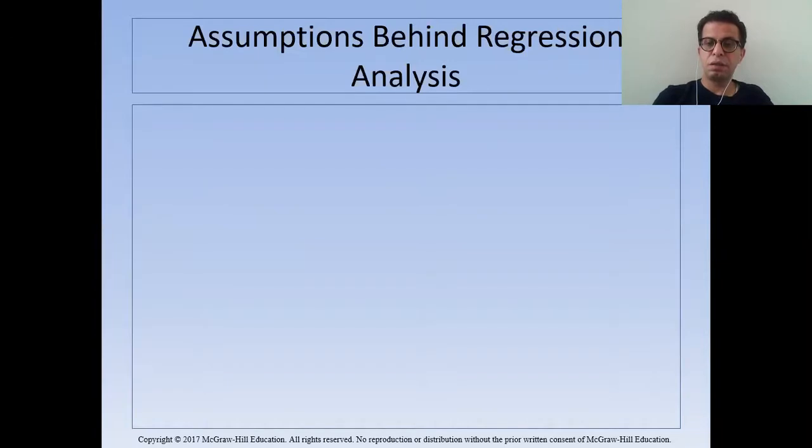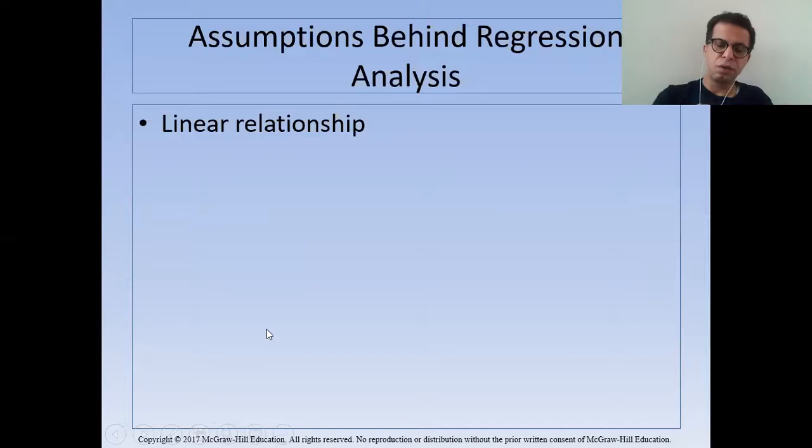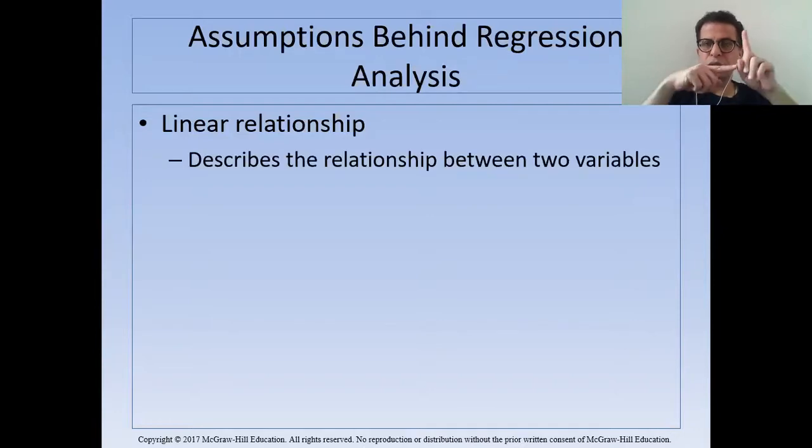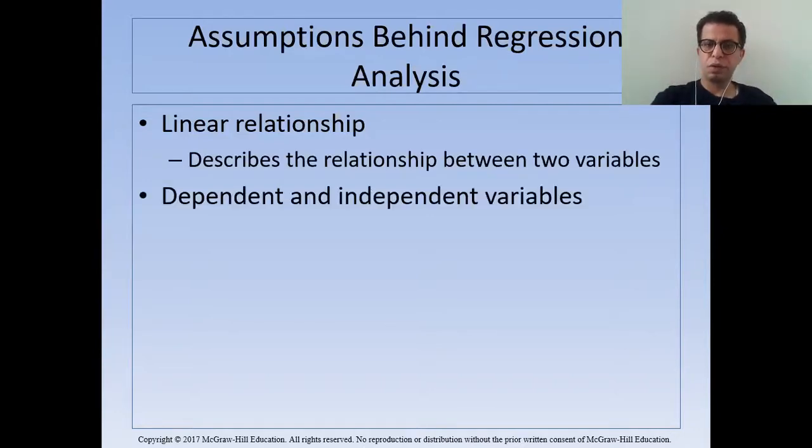And last, the assumption behind regression analysis is usually a linear relationship. As we said, Y and X: the more income you have, the more coffees you buy. It describes the relationship between two variables, dependent and independent.